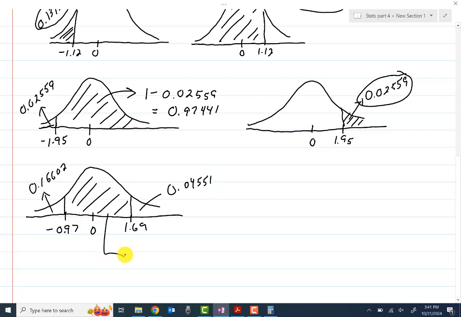And then to get the middle part, subtract those two numbers from 1. Now these are using the table directly. You should also be able to tell me a z-value if I tell you an area.